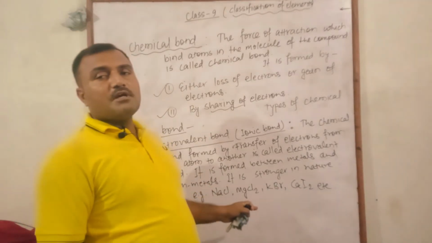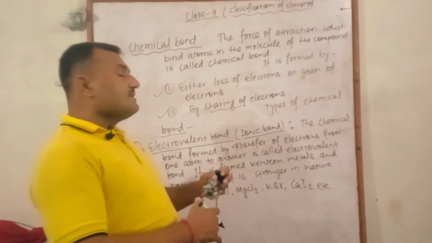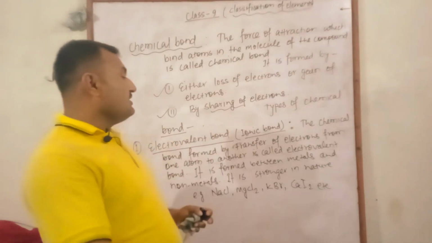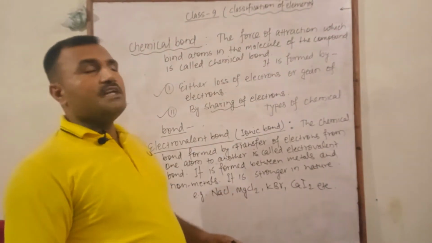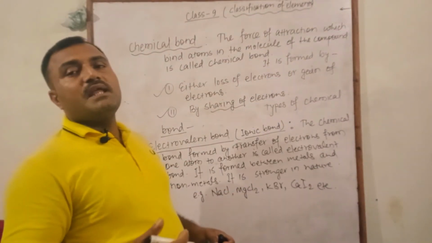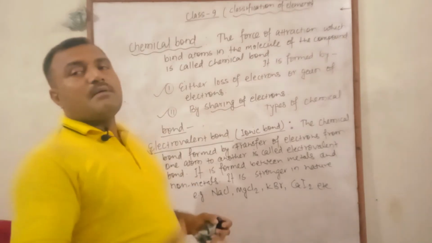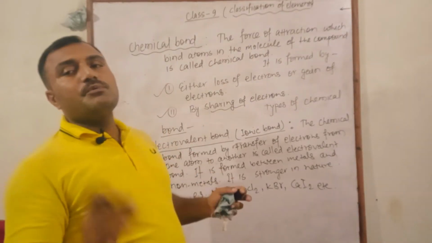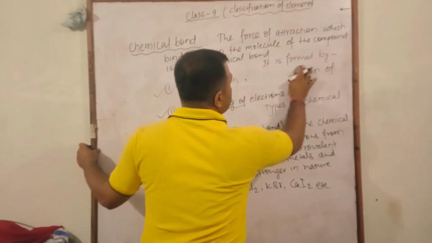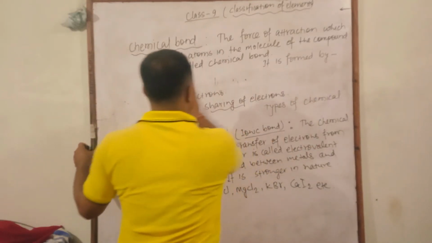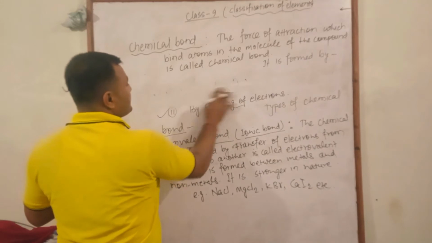Which type of chemical bond is present in them? Electrovalent or ionic bond. How that ionic bond is formed is explained with examples. Here we explain a few examples, and in all the rest of the compounds a similar transfer of electrons takes place.